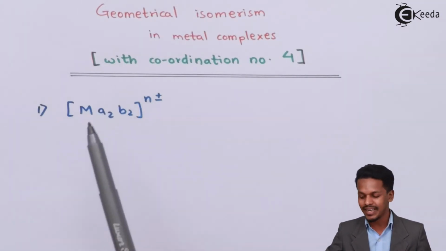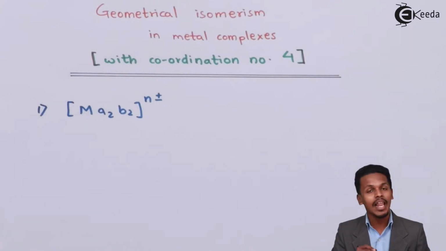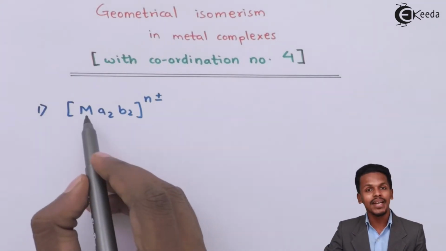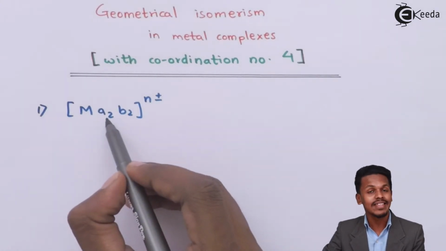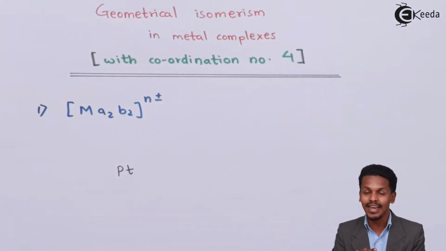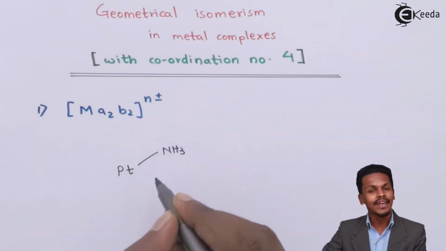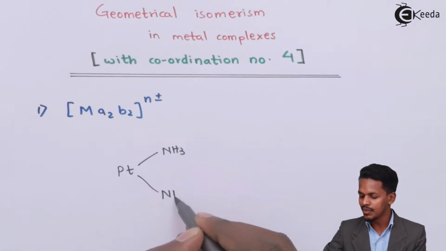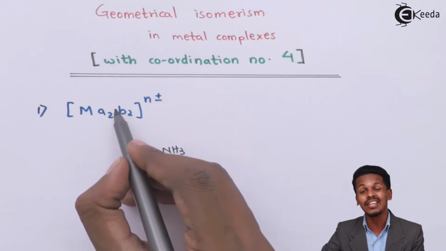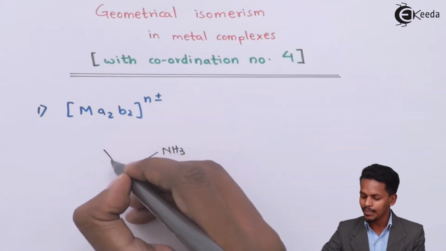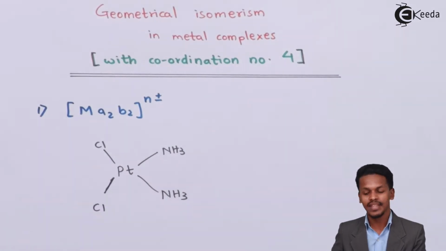So that is the first type that I'm going to talk about. Let me explain this with the help of an example. Suppose the central metal atom is platinum, and here A2 means there will be two similar ligands, say NH3 and NH3, and there are two similar ligands again, but B is different from A, so suppose I select Cl.